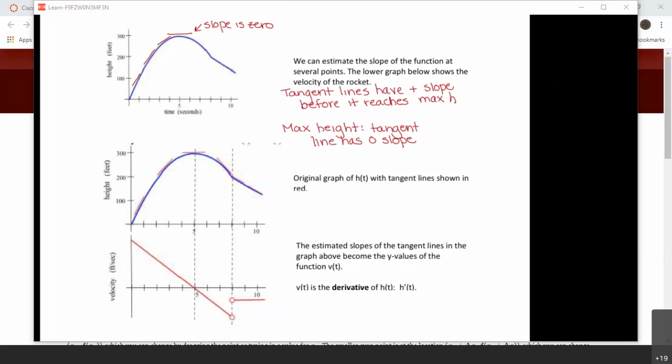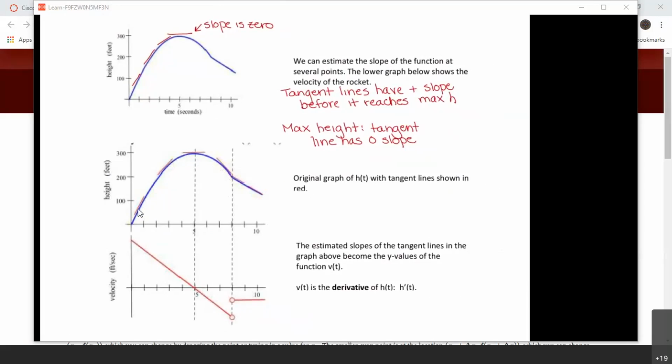So again, you can see on this graph here, they've drawn the original function, height versus time. That's the blue line. And they're showing you the slopes of the tangent lines. Now, here's what I want you to notice down here, the red graph. They're graphing the slopes of the tangent lines.